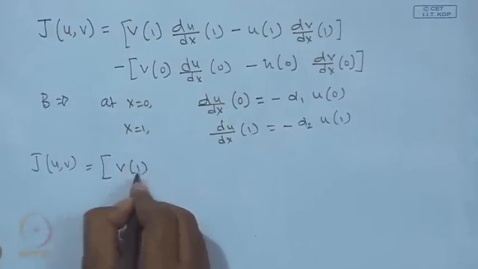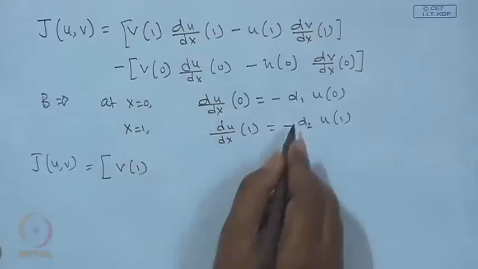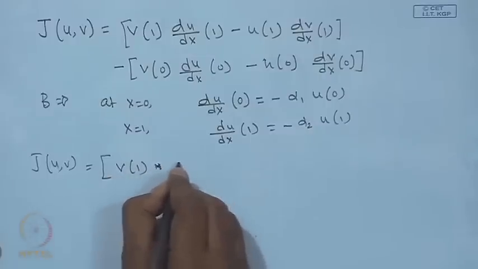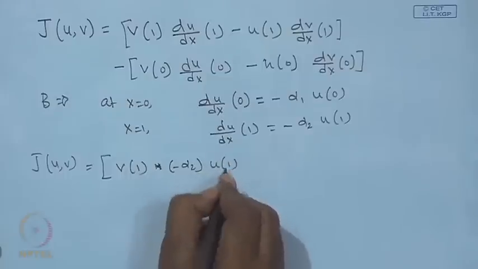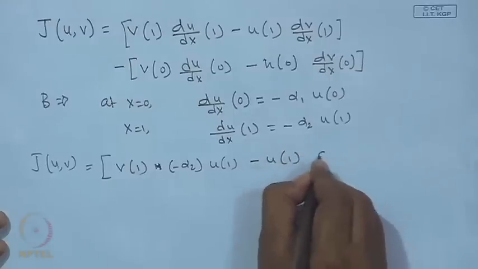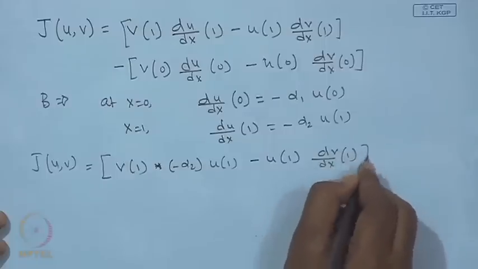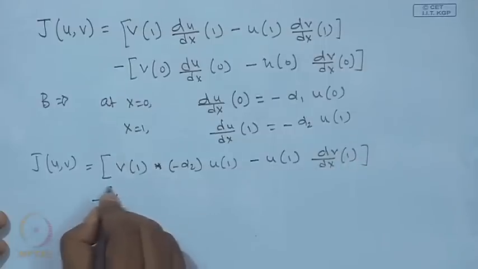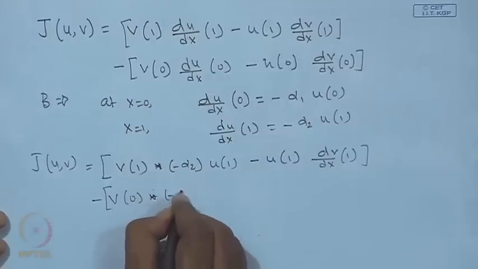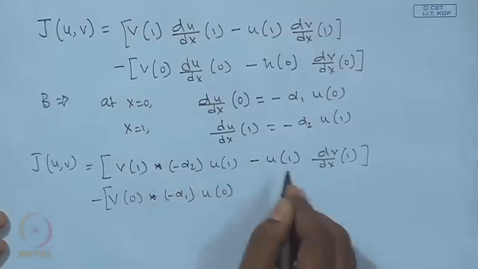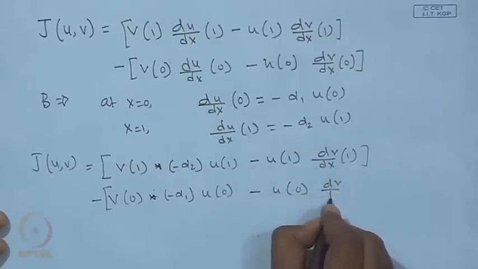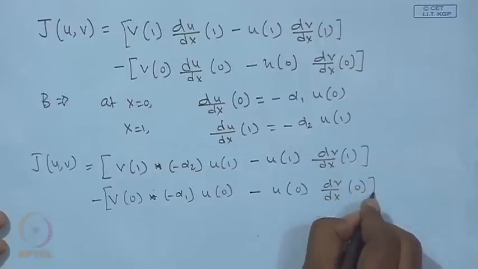So, v at 1 times du/dx at 1 is replaced by minus alpha 2 u at 1, minus u at 1 dv/dx at 1, minus v at 0, where we replace du/dx at 0 by minus alpha 1 u at 0, minus u at 0 dv/dx at 0.